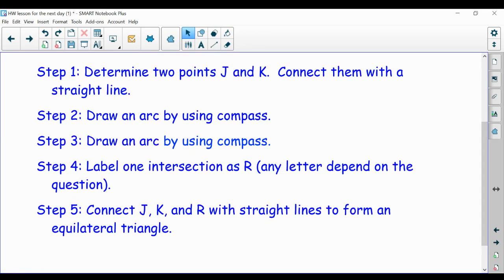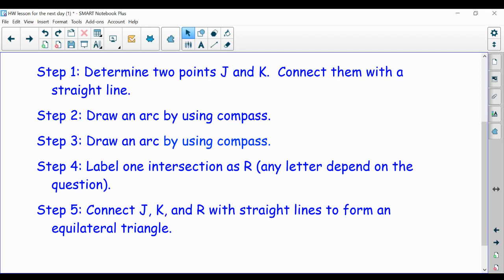First step is to determine where the points are on the line. If they don't have a line for you, you are going to create your own line. Step two, draw an arc by using the compass: place the needle on one end point and the pencil on the other end point, and then you draw the arc. And then you switch around.